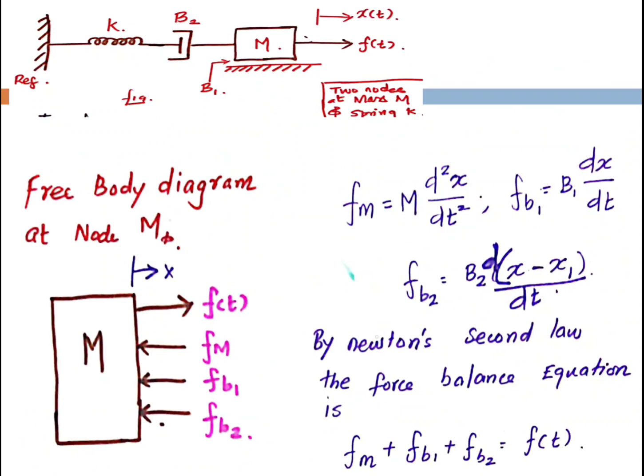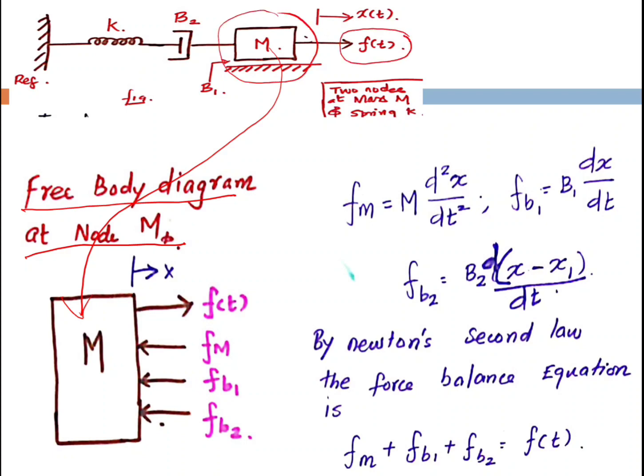First, we are considering the node related to mass element m. That is actually the free body diagram at node m. So we need to find the number of forces acting on this node. Here one applied force is there and other forces are opposing forces.